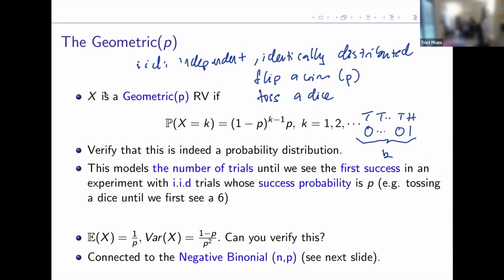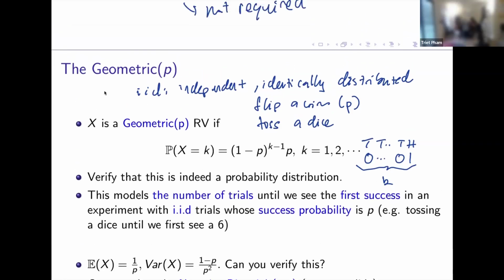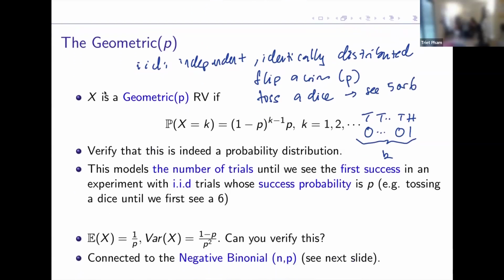Equivalently, let's use the example of the dice toss, you could define a success as seeing a 5 or 6, let's say. Then in that language, it's like the last toss you get a 5 or 6, and all the previous tosses you get 1 to 4.